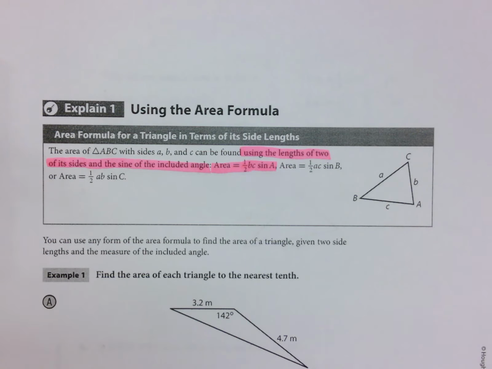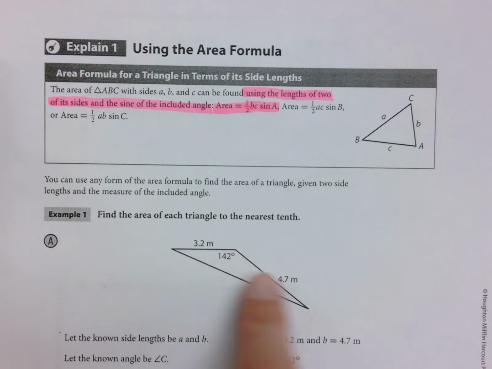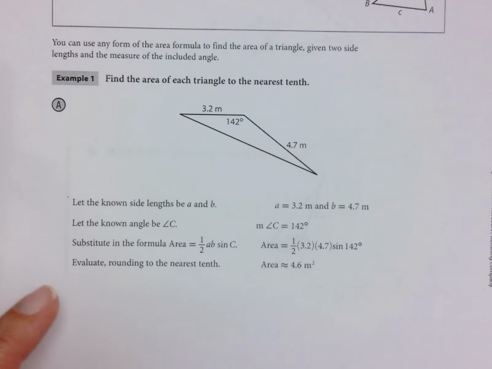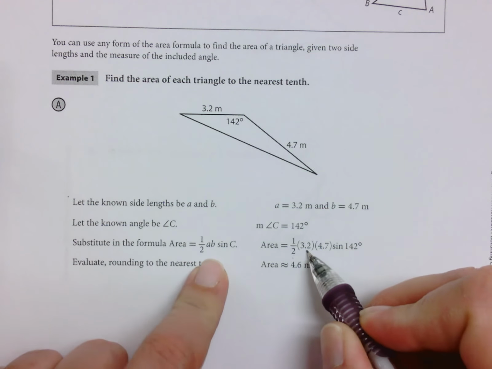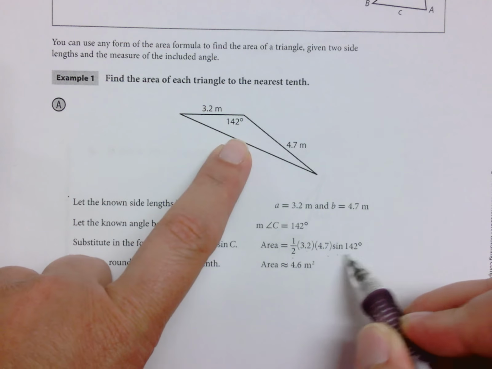Let's look at this first example. It has a side length of 3.2 meters and a side length of 4.7 meters, and the included angle, which is the angle in between those two side lengths, is 142 degrees. We'll take the formula 1/2 times the side length times the side length times the sine of the angle that we know, and plug those numbers in: 1/2 times 3.2 times 4.7 times the sine of 142.